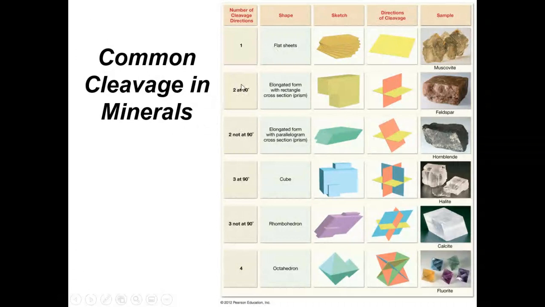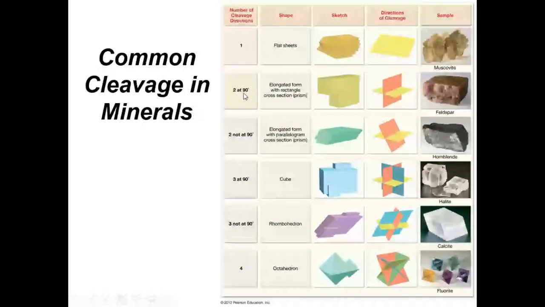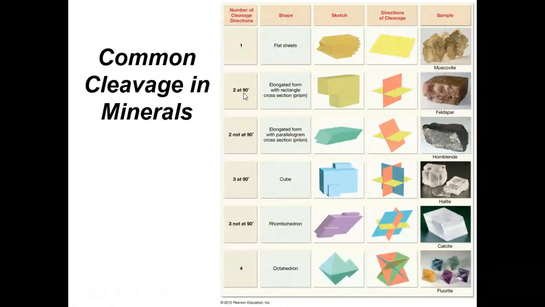So we have minerals that will cleave in two different directions, but those directions are not at 90 degrees to each other. And then there are minerals where those two cleavage planes are at 90 degrees to each other. So let's look at those two examples.